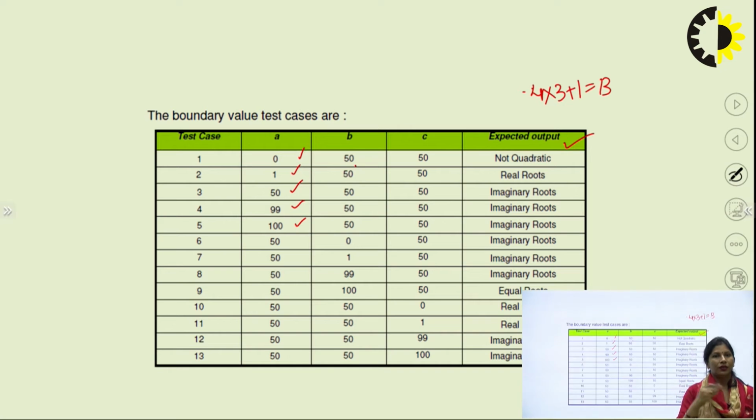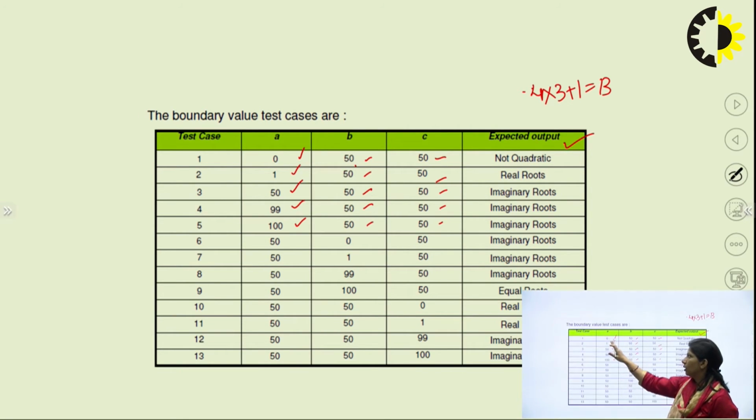Just below and just above, right? Then for this we have kept B as 50, 50, 50 and 50, and the same for C: 50, 50, 50 and 50. When we put all these values in the quadratic equation, we get these expected outputs.